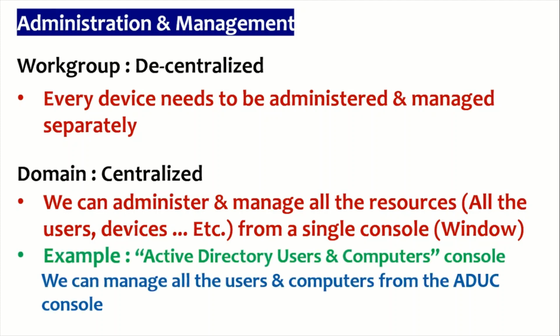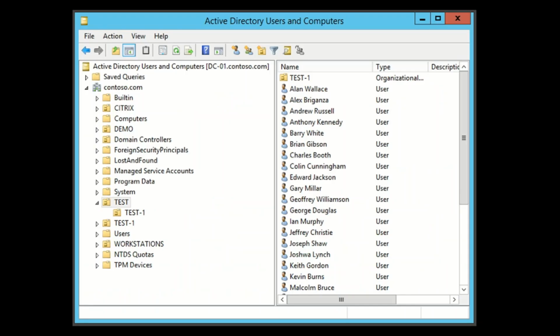For example, there's a console called Active Directory Users and Computers. We can manage all the users and computers in our domain through this single console. Here is the screenshot of our Active Directory Users and Computers.